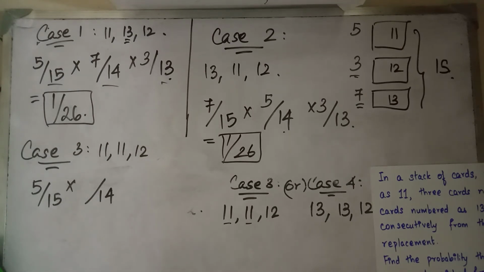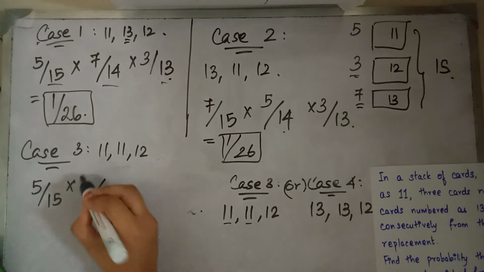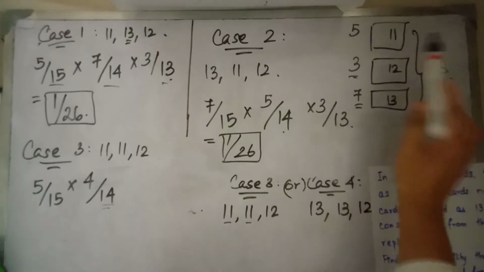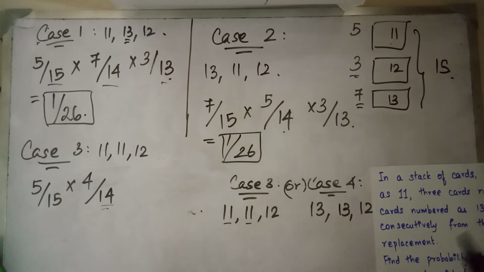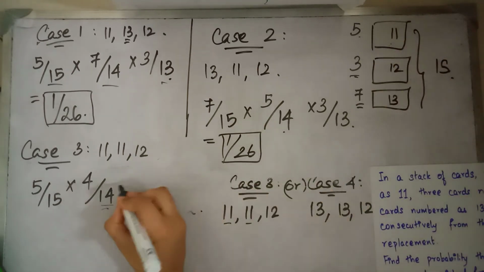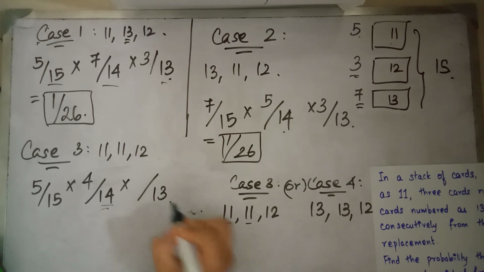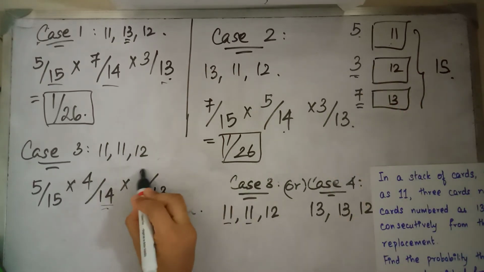So how many cards of 11 are left out in the stack? Only 4 cards are left out. So it will be 4 by 14. The total decreases. So does the number of cards that are numbered as 11. It won't be 5 cards, it will be 5 minus 1, 4. Third one would be 12, and 12 would be 3 cards.